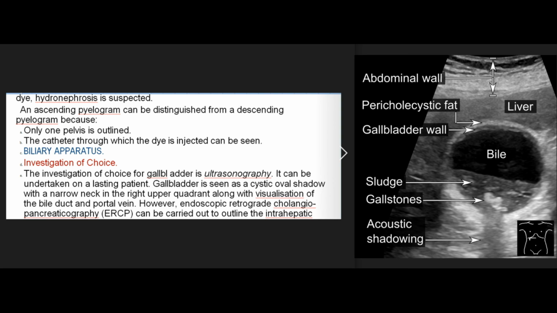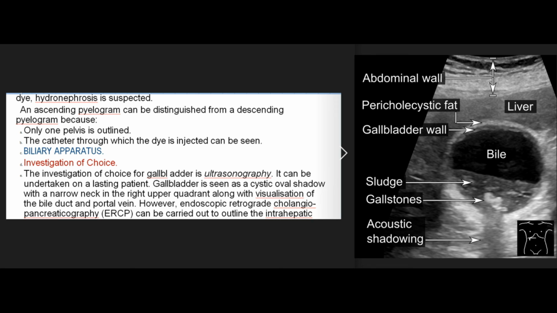c. Biliary apparatus. d. Investigation of choice. e. The investigation of choice for gallbladder is ultrasonography. It can be undertaken on a fasting patient. Gallbladder is seen as a cystic oval shadow with a narrow neck in the right upper quadrant along with visualization of the bile duct and portal vein.